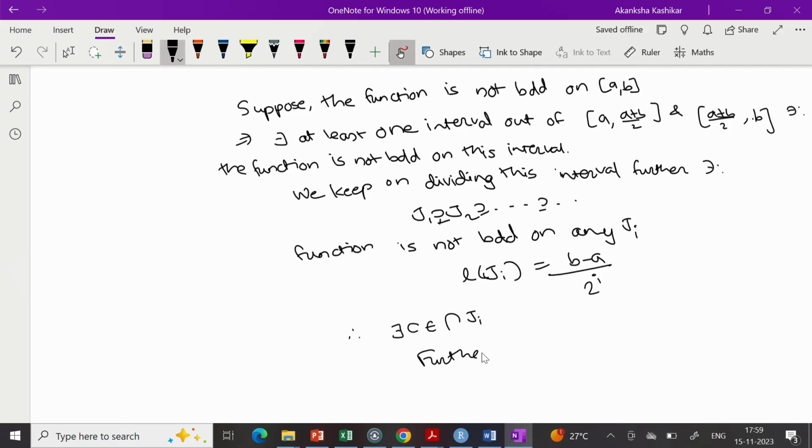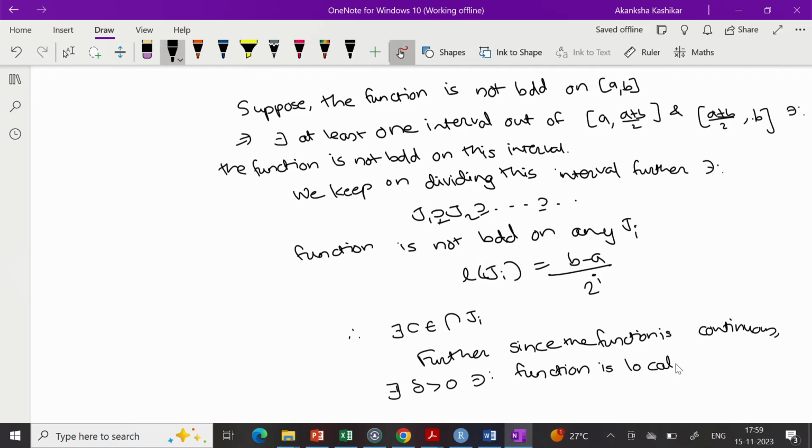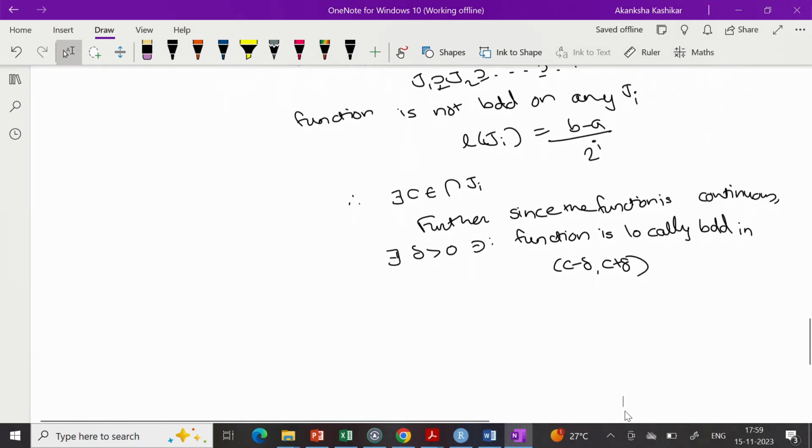Further, since the function is continuous, there exists delta greater than 0 such that the function is locally bounded in (c minus delta, c plus delta). We have shown this earlier.